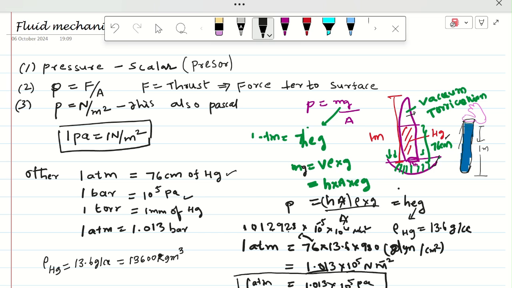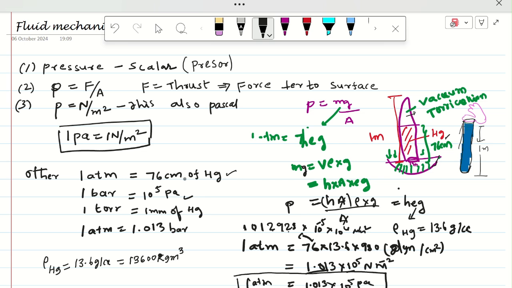That is the reason we use mercury. There are other reasons: the chemical properties of mercury and other liquids are different. It is easily visible, shiny, does not stick to the walls, and has high density. So we consider mercury as a thermometric liquid as well as a barometer liquid to measure atmospheric pressure.